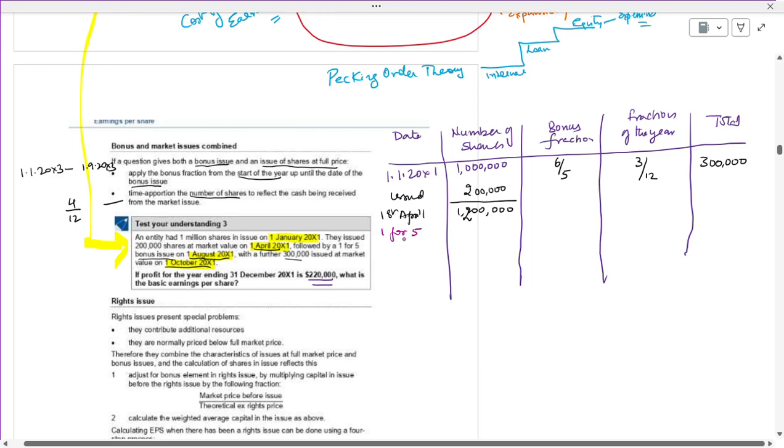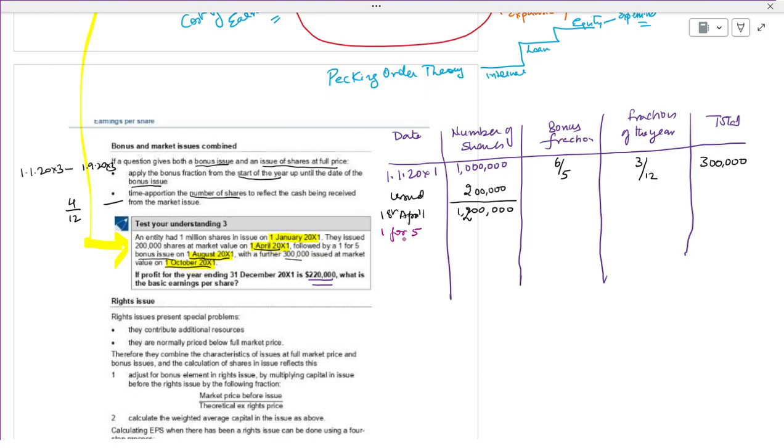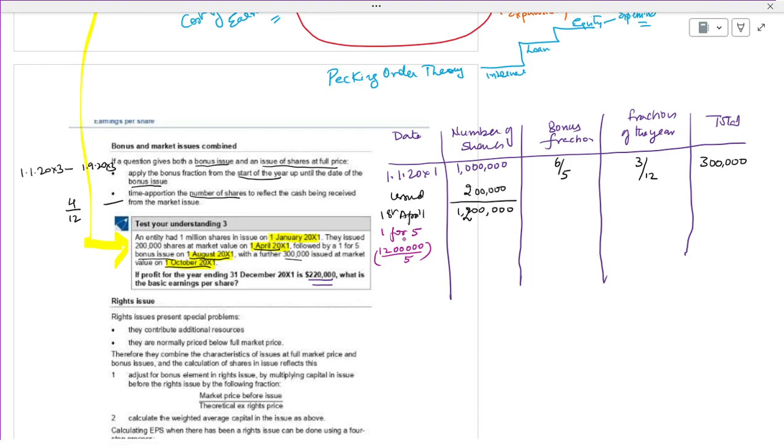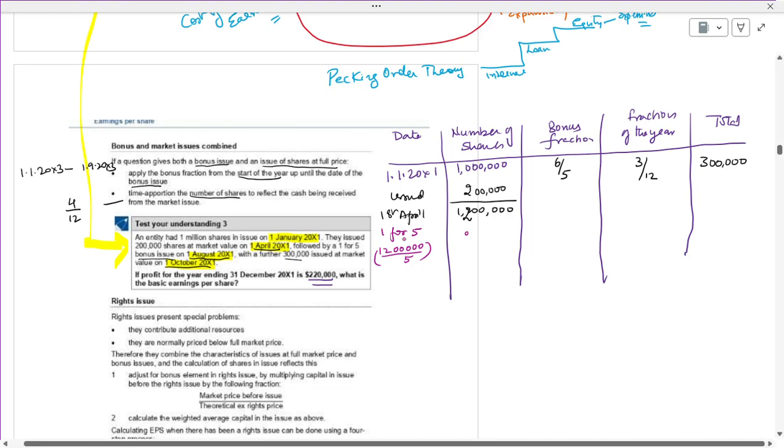Means how many shares are there here? 1.2 million. 1.2 million divided by 5. How many shares are you going to issue? 240,000.